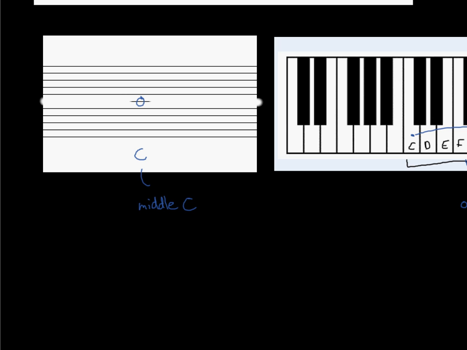Okay, so before we actually talk about the other notes here, I did just want to say that it's very important to be able to see that you have lines 1, 2, 3, 4, 5 lines here. 1, 2, 3, 4, 5 lines here. Okay, and it's also very important to know that we have 1, 2, 3, 4 spaces here, and 1, 2, 3, 4 spaces here.